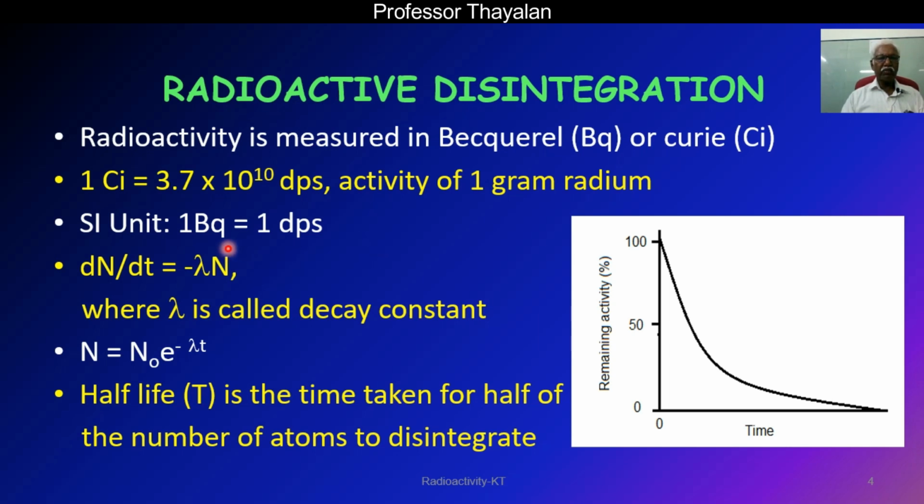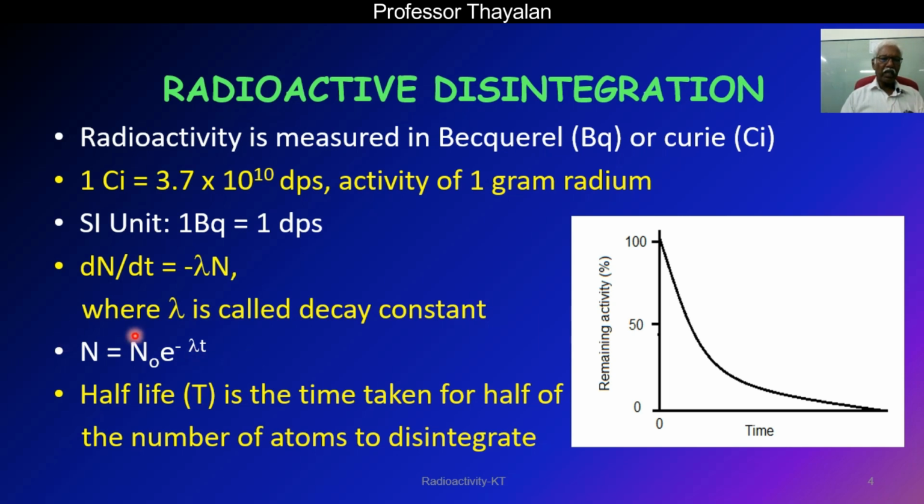Radioactive disintegration follows the relation dN/dt = -λN. dN/dt is the rate of disintegration, λ is the decay constant, and N is the total number of nuclei. Different nuclei will have different decay constants, and the equation in general can be written as N = N0 e^(-λt).